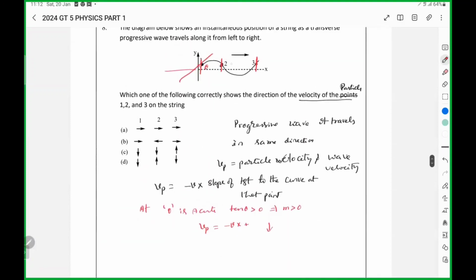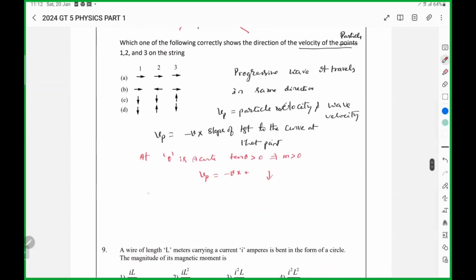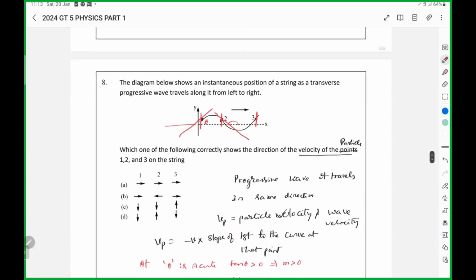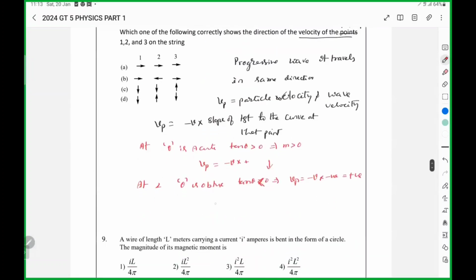At 2, if you draw a tangent, theta is obtuse, tan theta is negative, so Vp is positive. That means it moves upward.